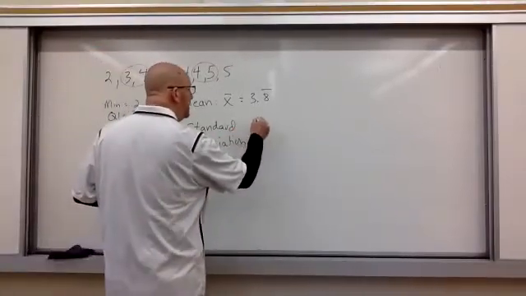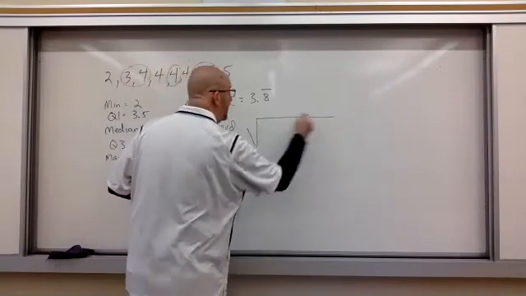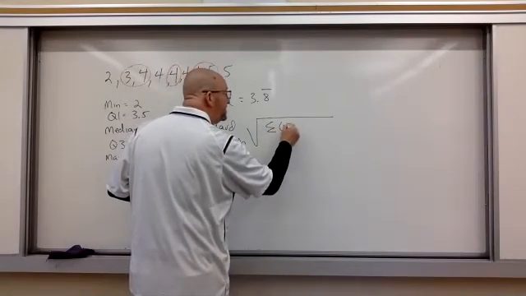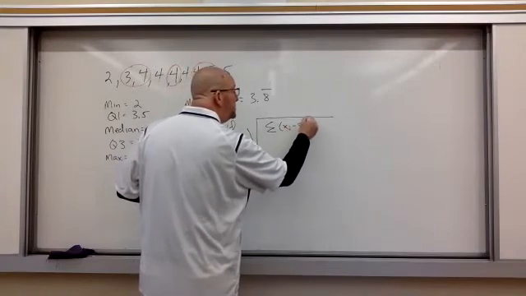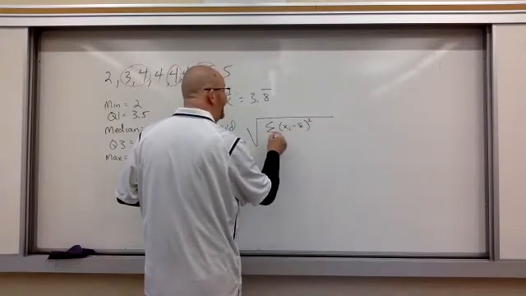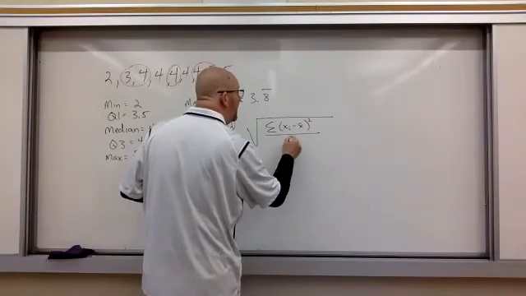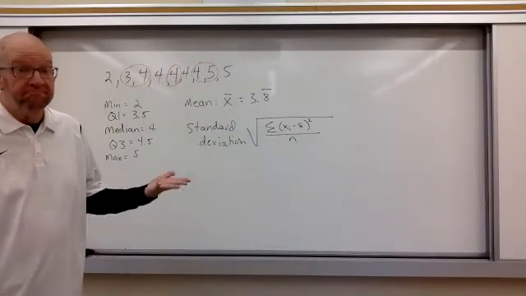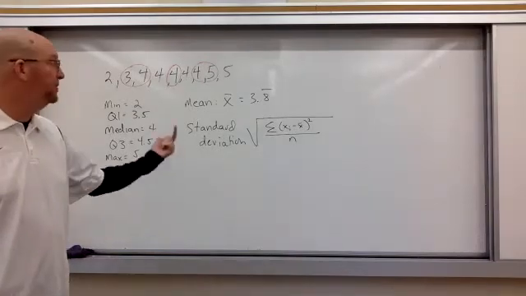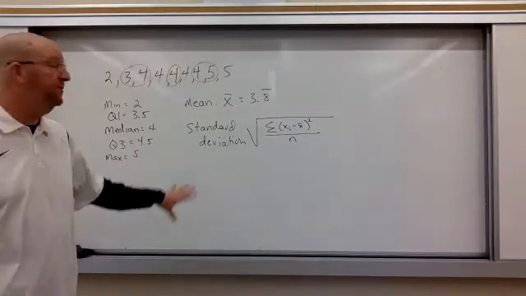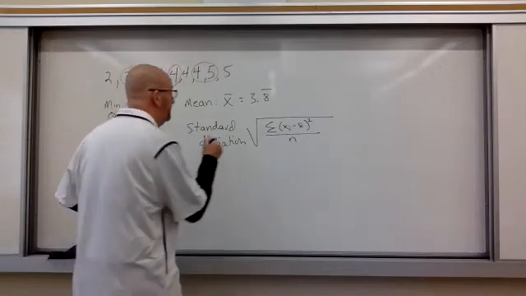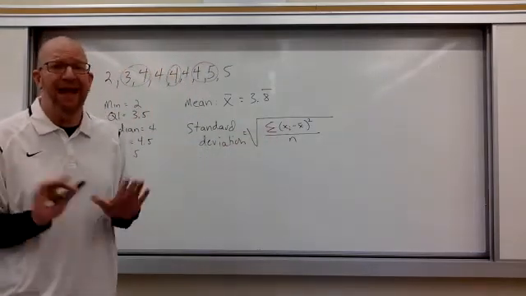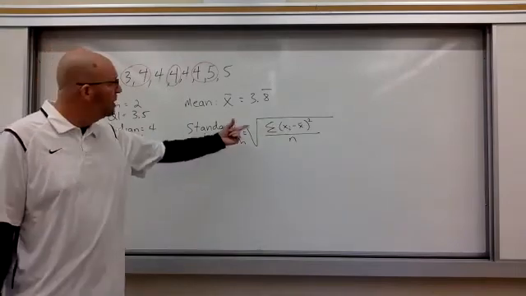It's the square root of the sum of all the differences from the mean squared divided by the number of data points. The variance is the square of the standard deviation, and the standard deviation is just this. So, do you need to know that? Not really. I'm not going to have you calculate it by hand, but I want you to get an idea.